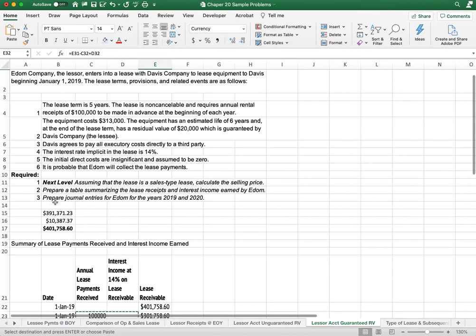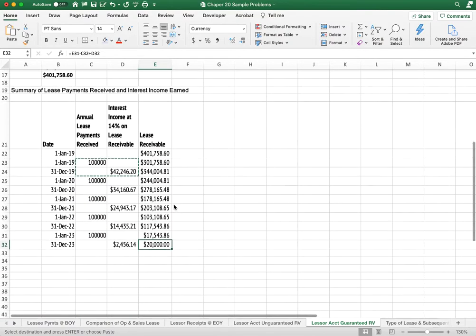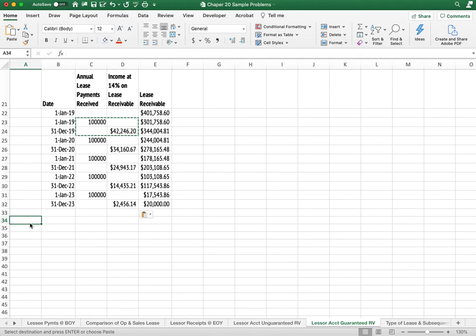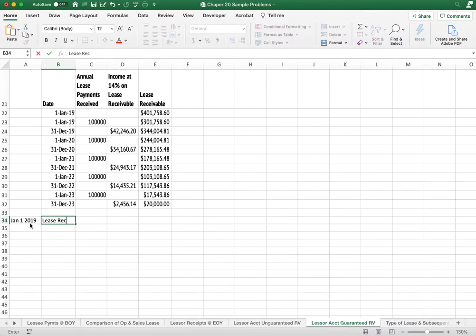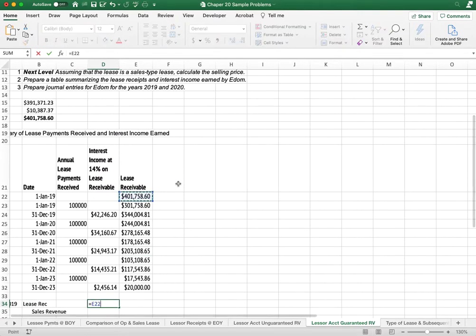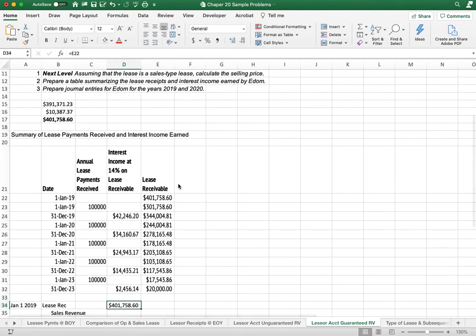The third part is to prepare the journal entries for 2019 and 2020. On January 1st, 2019, we're going to start out with our lease receivable and our sales revenue, and it's going to be for this $401,758 that we had calculated.